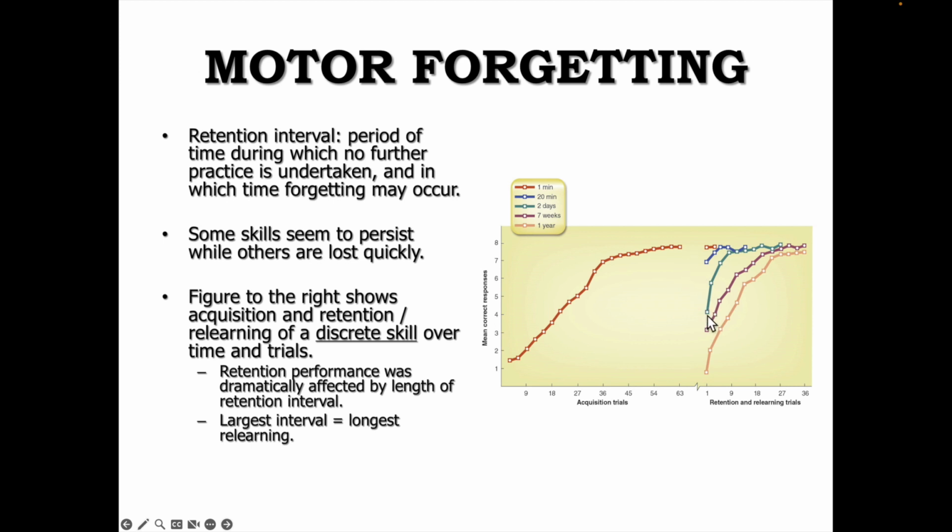Notice how performance dropped off significantly if you waited 2 days, and even if you waited a year, they dropped well back to baseline levels. So essentially, for discrete skills, and I will make a note somewhere in your notes on this, the larger the retention interval, the more motor forgetting that will occur.